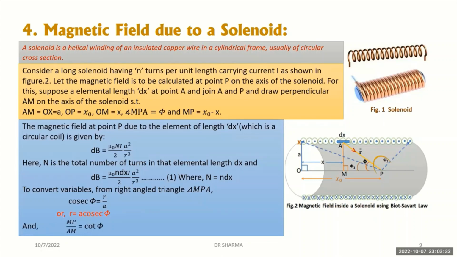Next, we want to convert dx, and the x variable is included in side MP of the triangle MPA. So we use the trigonometric ratio MP upon AM, that is, base upon perpendicular, which is cot phi.